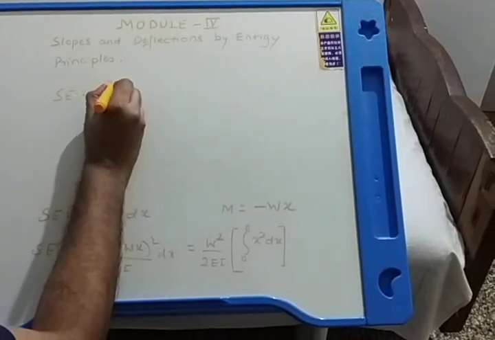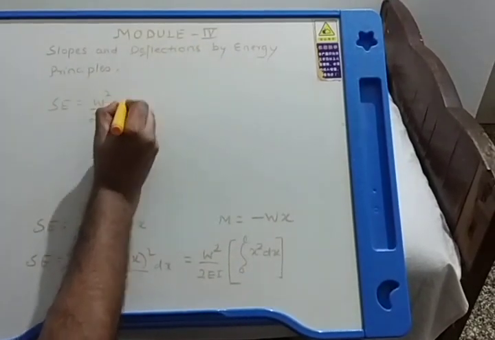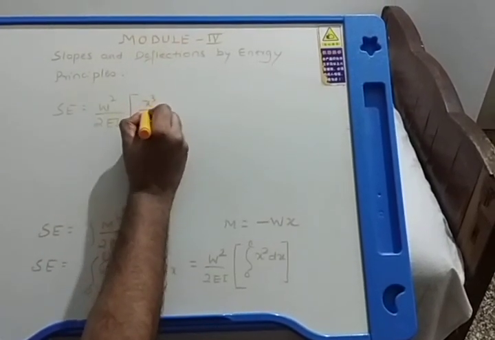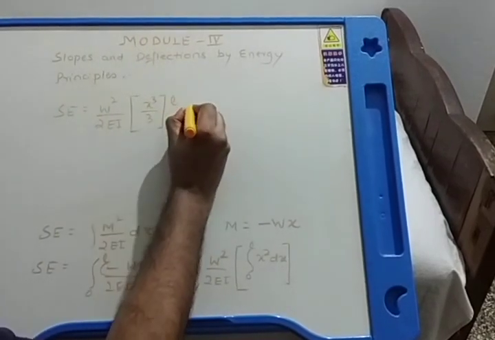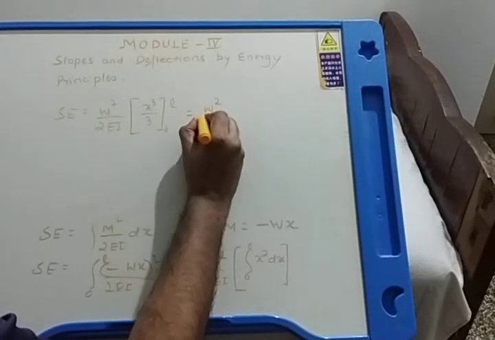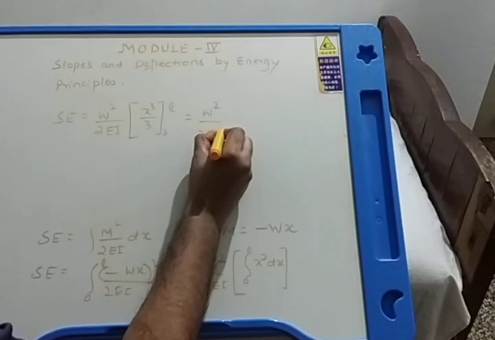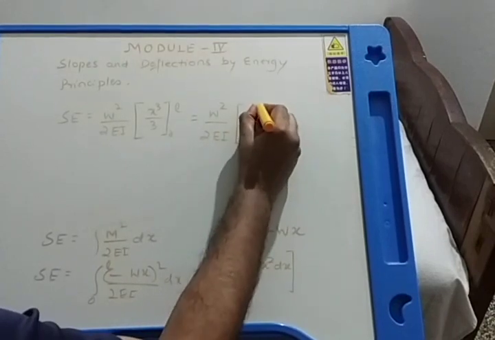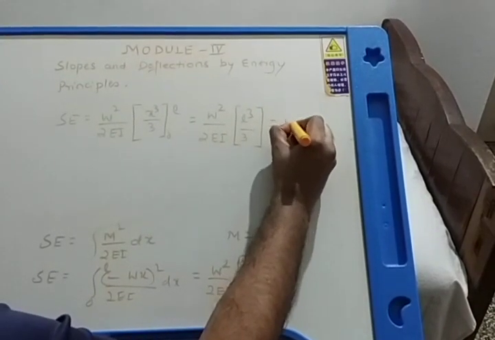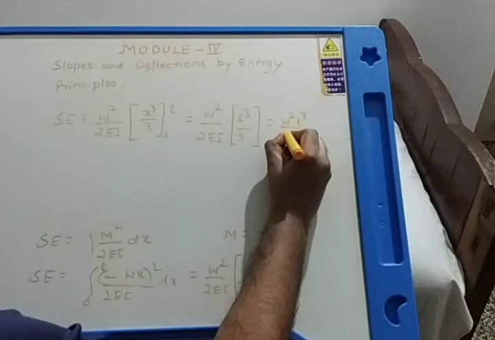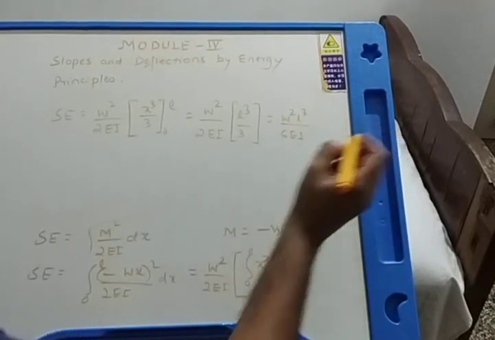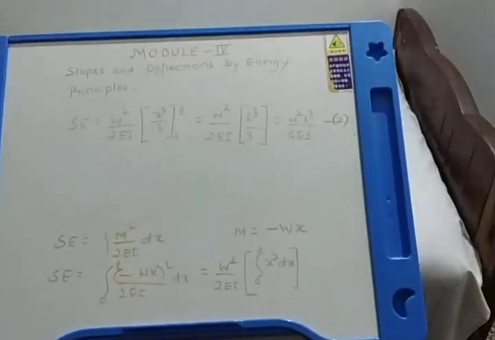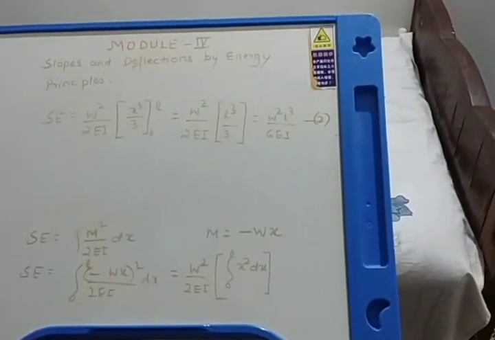W square upon 2EI, integration x square will become x cube by 3, 0 to L. Substitute the limits, it becomes W square upon 2EI, L cube by 3, which is nothing but W square L cube upon 6EI. So this is strain energy. You call this as equation 2, and the previous equation, that is work done expression, that is equation 1.